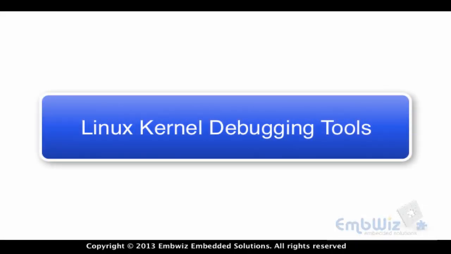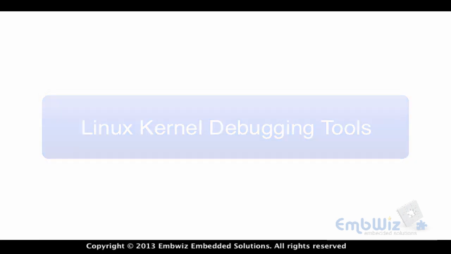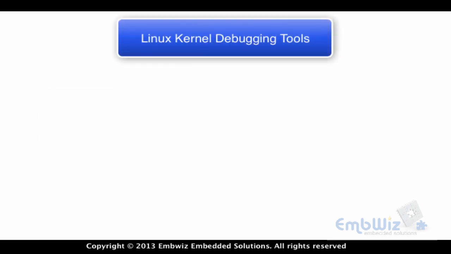Let's look at the list of tools which are used for debugging, and I'm primarily going to demonstrate how to use user mode Linux to learn various flows in the kernel. So let's start with the tools. We have KDB, first one.